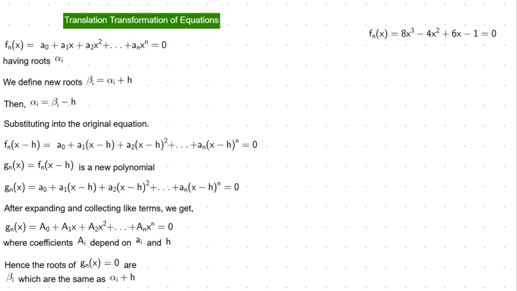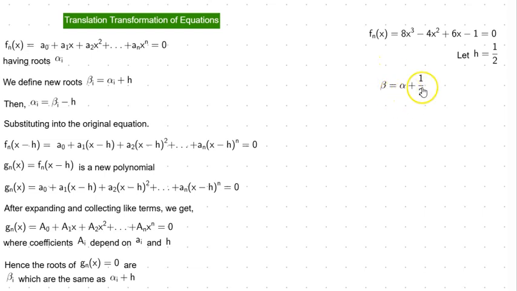We have f sub n of x is equal to 8x cubed minus 4x squared plus 6x minus 1 equal to 0, where n is equal to 3. Now let h be equal to 1 by 2. So we are basically trying to translate it by shifting the roots of the new equation.